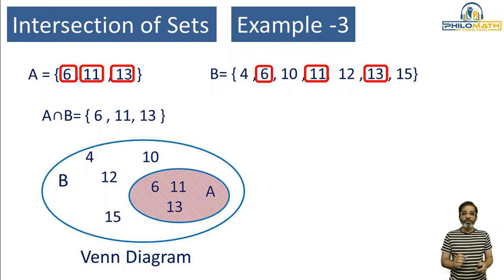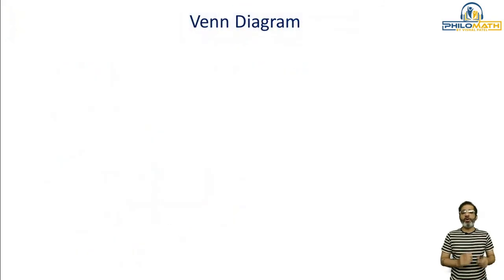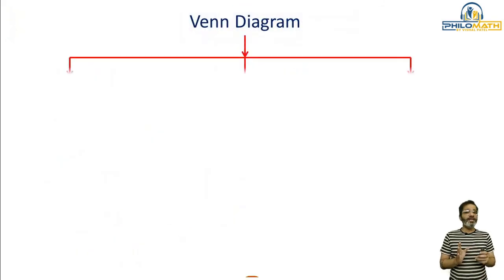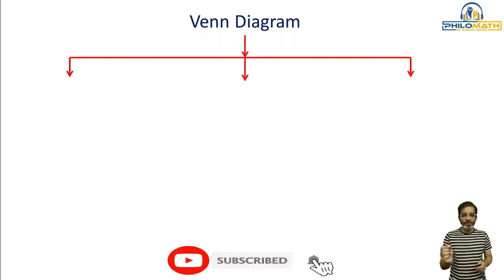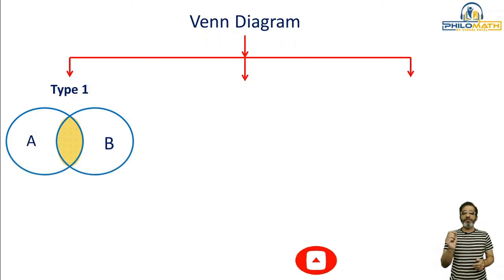Now students, whatever the three examples we have taken, let us summarize all together. We have done three types of examples. Type 1: can you recall? Yes, we did two sets where there were some elements common. So we drew two circles intersecting each other, and the intersecting part is what we shaded.